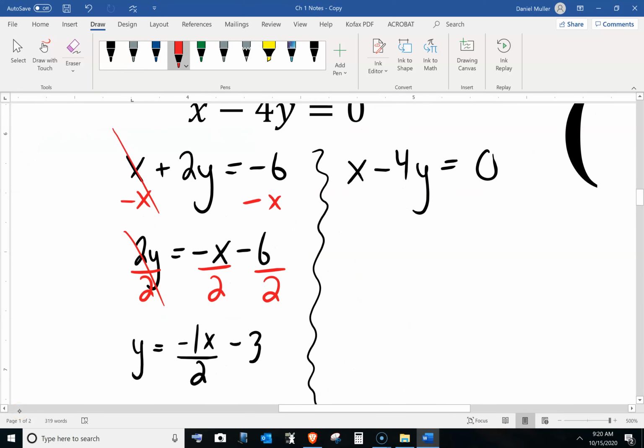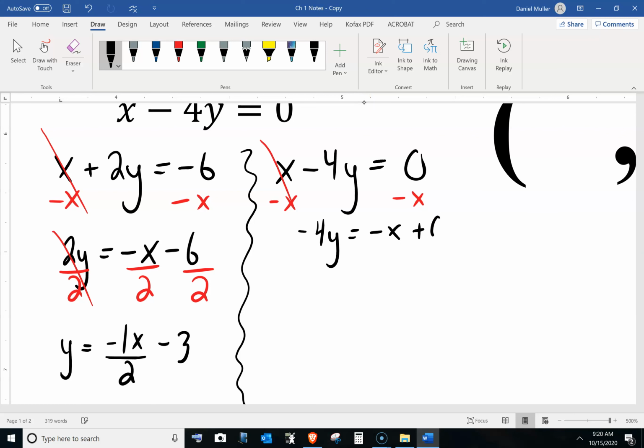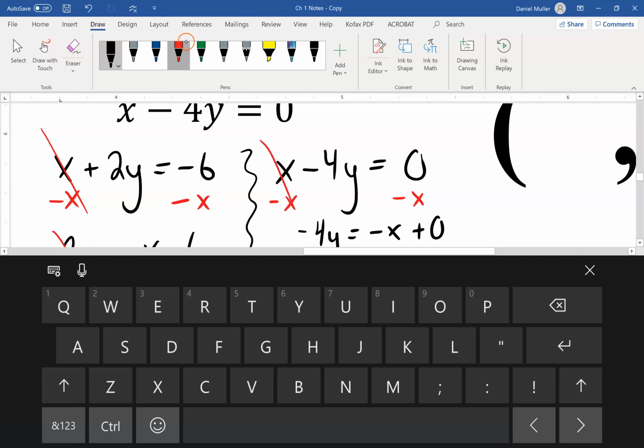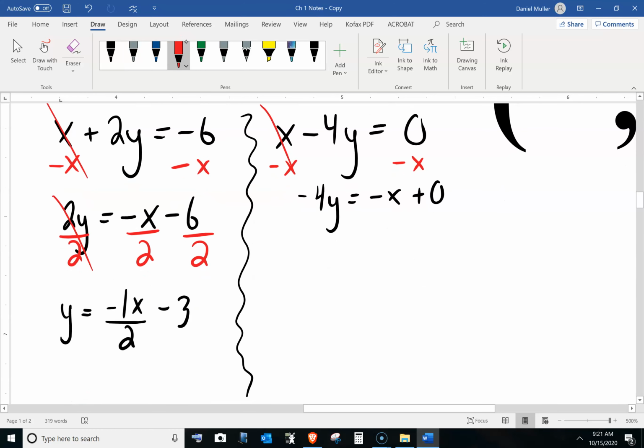And do the second question here, x minus 4y, so we'll have to minus this x onto the other side. So we'll have -4y equals -x plus 0. Now you don't need to write the plus 0, but I'm actually going to keep writing it just so that I can have a starting point. And then we can divide by -4.